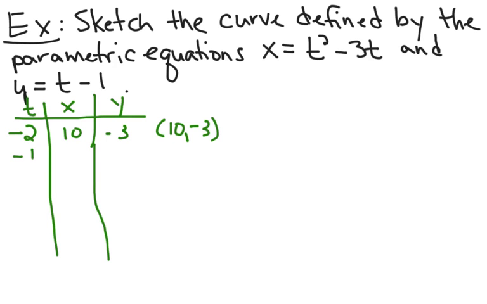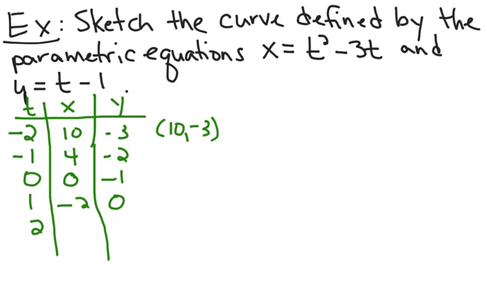If I plug in negative 1, I get 4 as my output for x and negative 2 for y. If I plug in 0, I get 0 for x, negative 1 for y. If I plug in 1, I get negative 2 for x, and I get 0 for y.